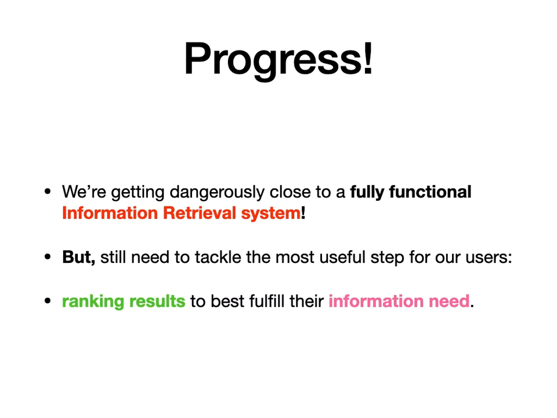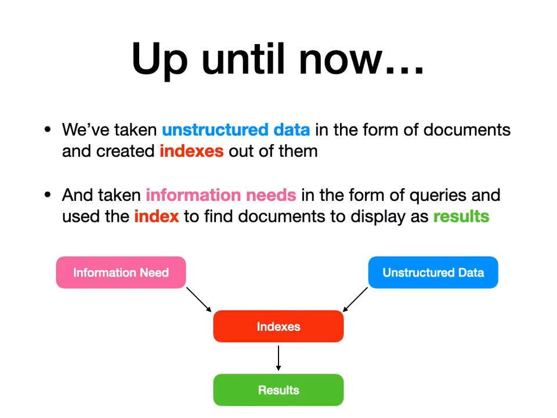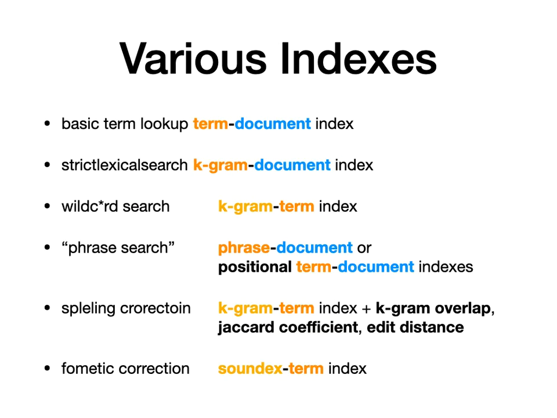So, again, just to double back, up until now it's all been unstructured data in the form of the documents, and we created indexes. And now we're able to take some information needs and run them through the index to get results, right? But we've only been doing that in the Boolean retrieval sort of way. Looking back at our indexes, we've got the big pile of them.